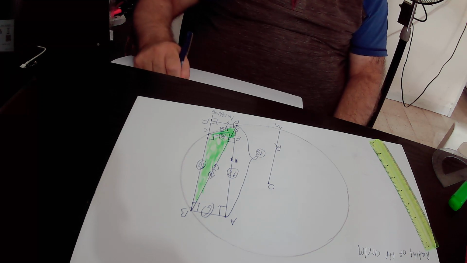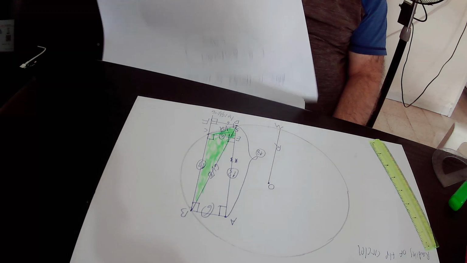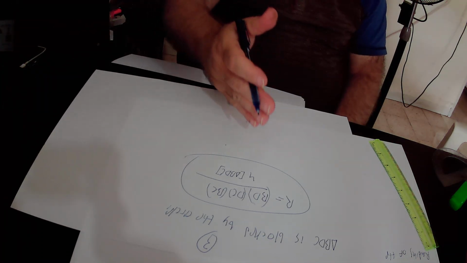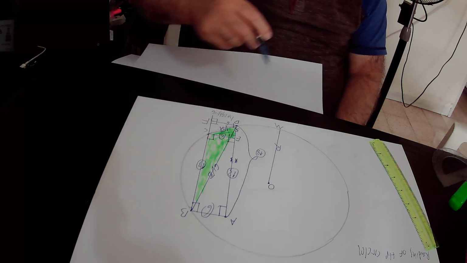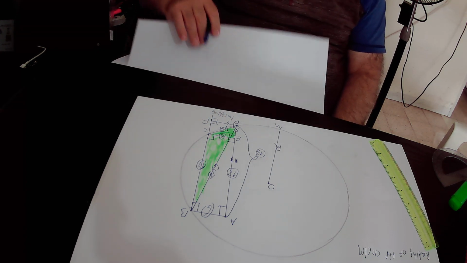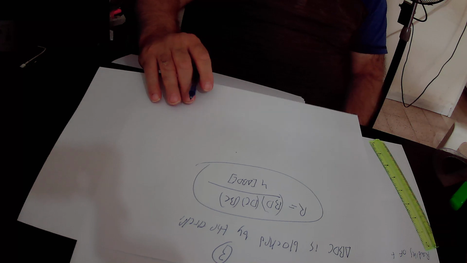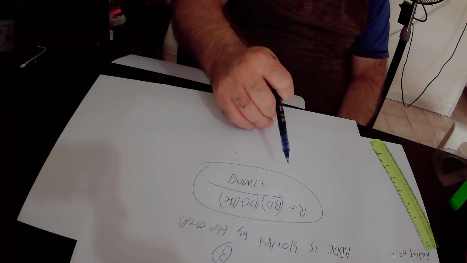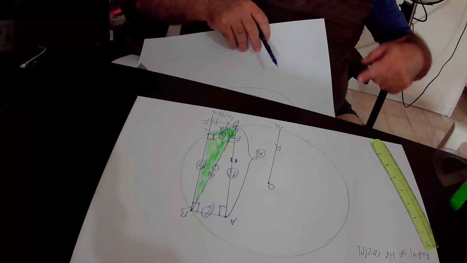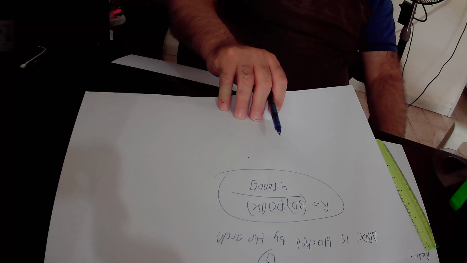Repeat again. Because of the fact that this green triangle BDC is blocked by a circle, we can find out the radius. We can implement here rule number 1. That is to say, we can find out the radius of this circle, that is equal to capital R according to our definition, according to rule number 1.